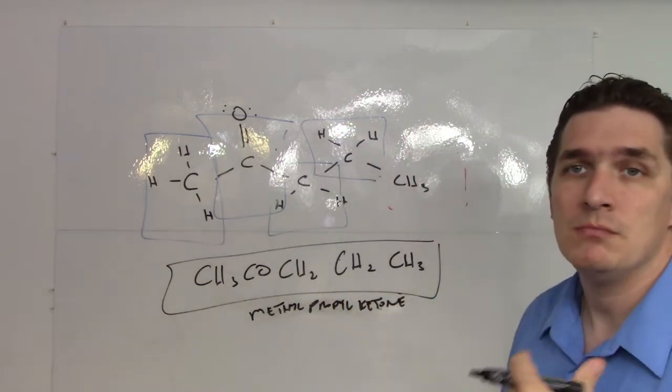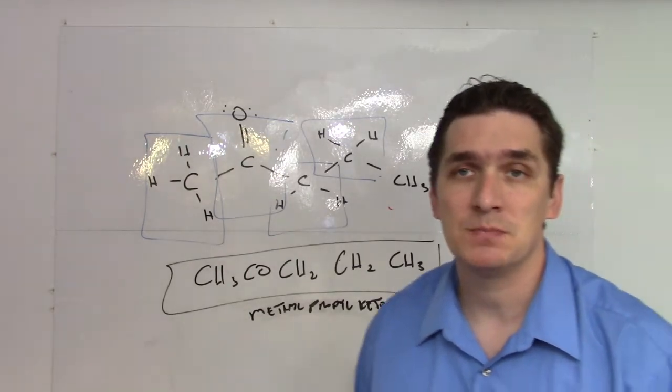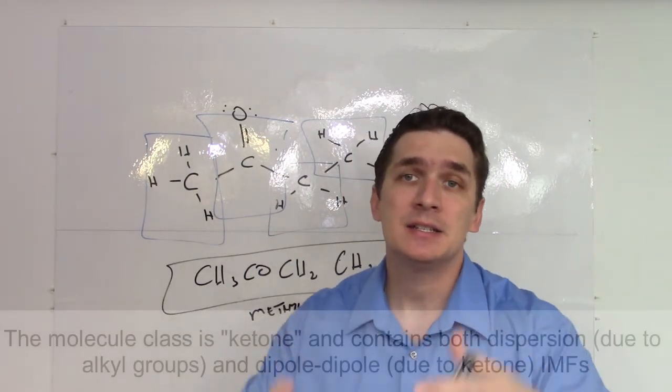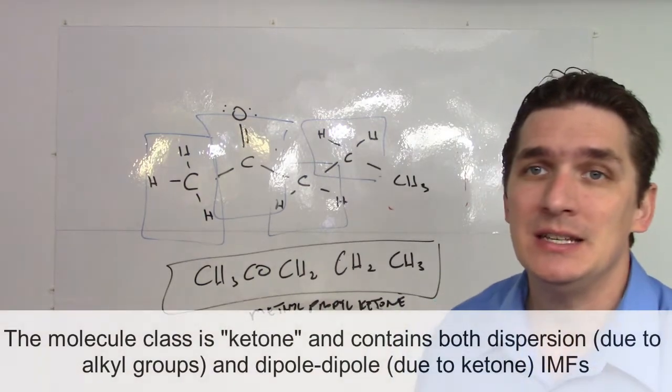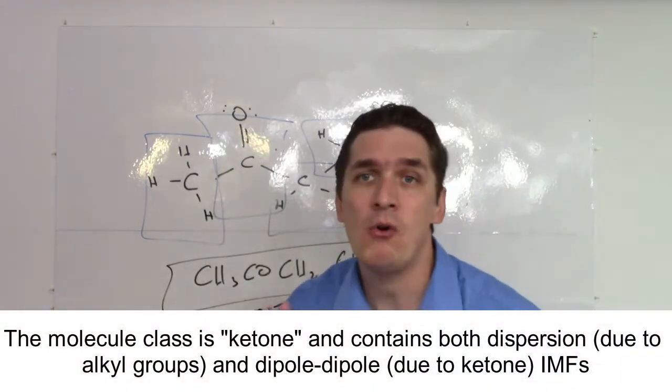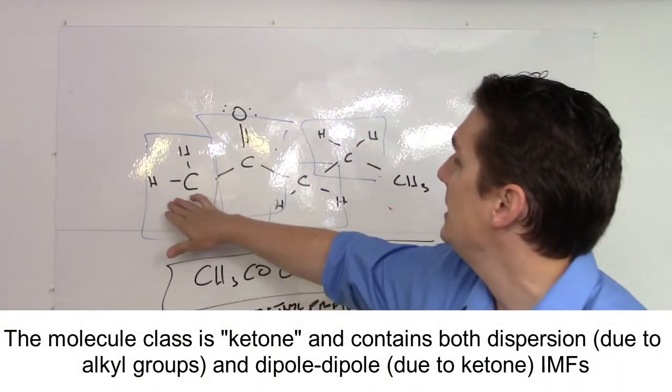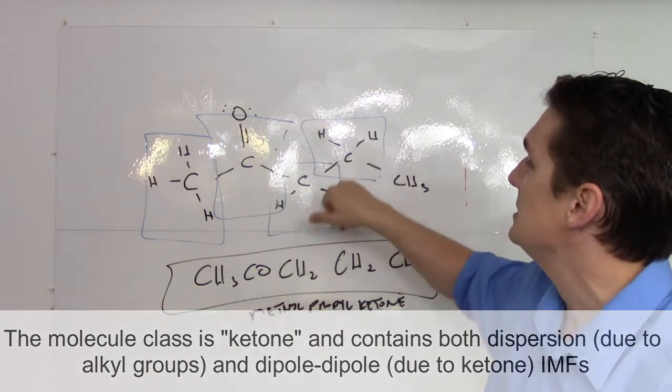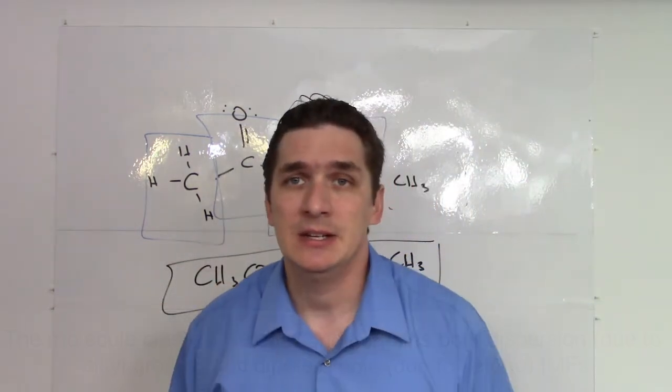Now, this ketone molecule contains both dispersion forces and dipole-dipole forces, but the ketone functional group, this CO here, only contains the dipole-dipole, and everything else, these alkyl groups, CH3, CH2, CH2, CH3, contain dispersion forces.